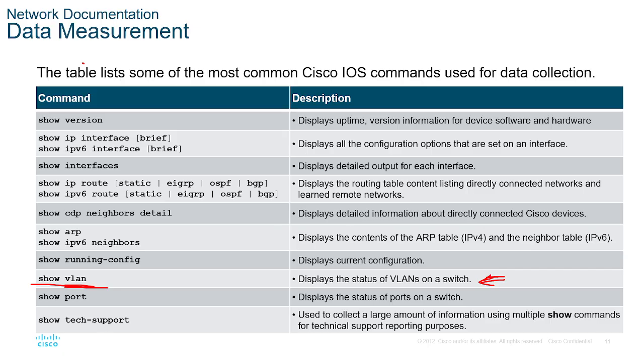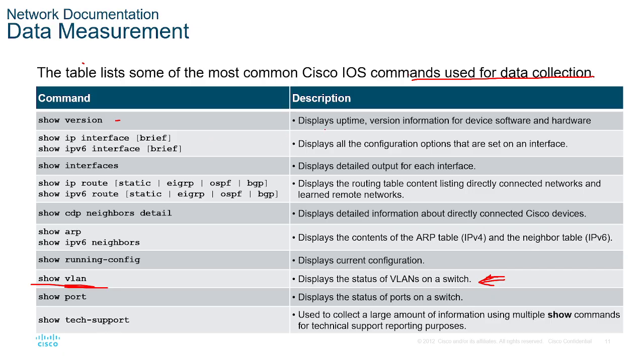This table lists some of the most common Cisco IOS commands used for data collection. For data collection, you can use these commands: show version, show ip interface, and of course the brief option is kind of important. Show ip route, show cdp neighbors, ARP, IPv6 neighbors, show running-config, VLAN, port, and tech support. It is all important to take a look at.